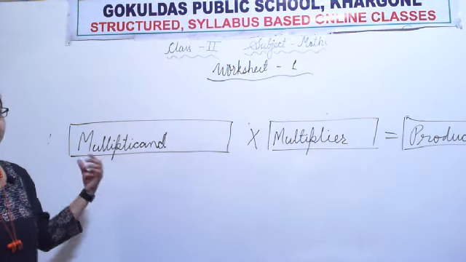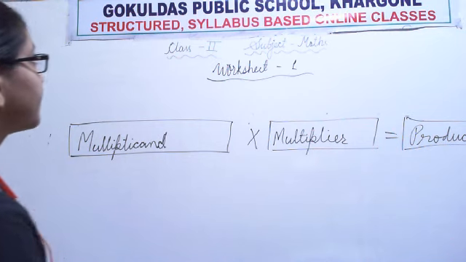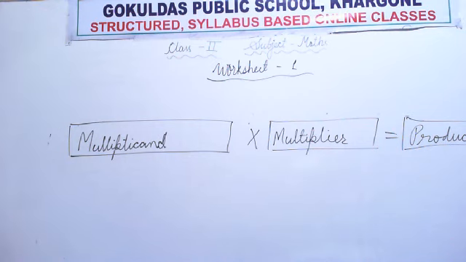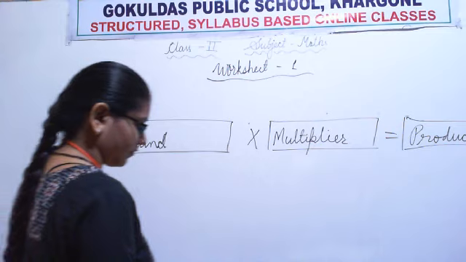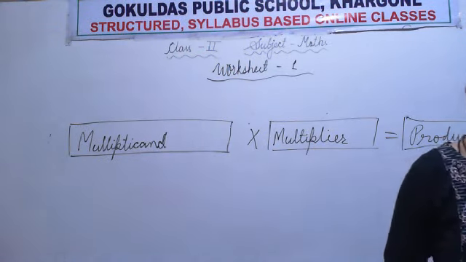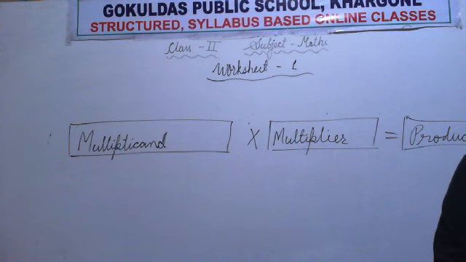So multiplicand into multiplier is equal to product. So let's move toward the next question.